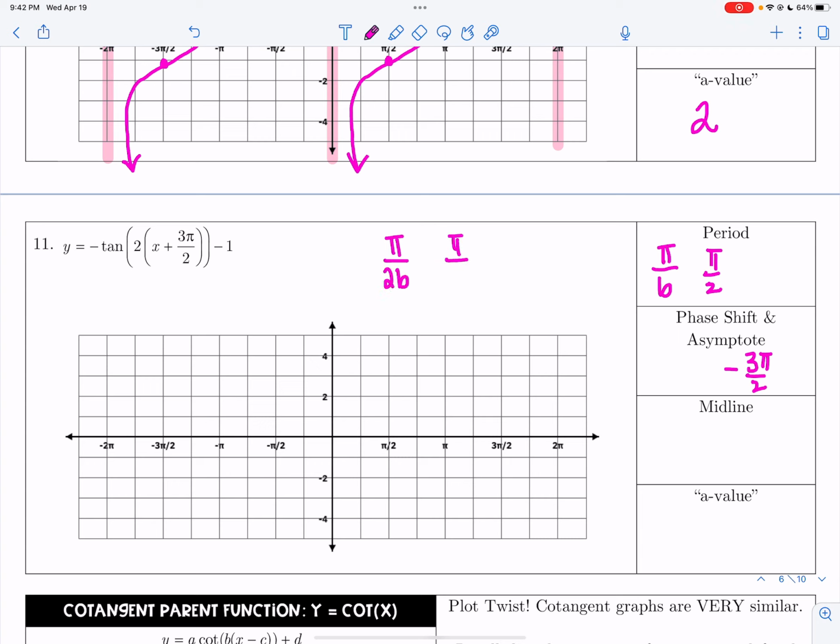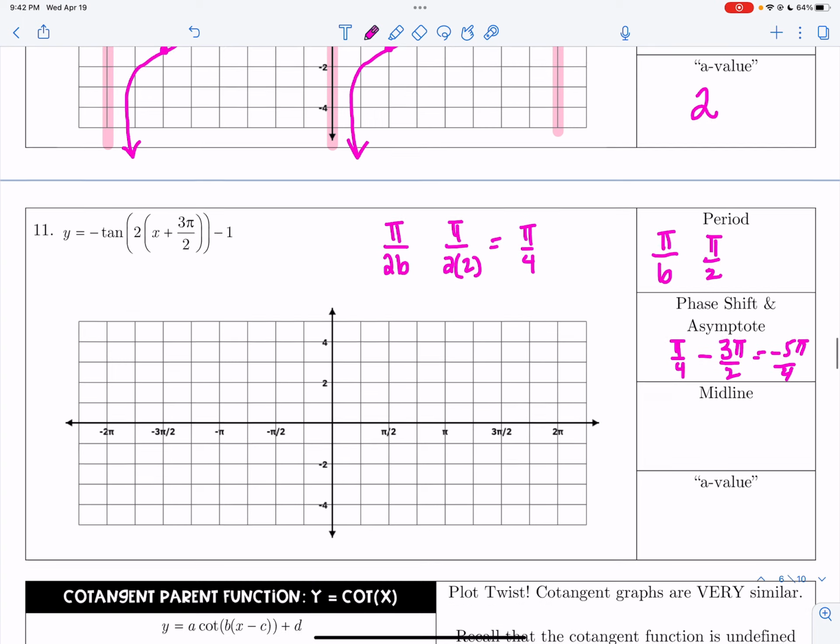So pi over 2, and then my b value being 2, which is pi over 4. All right, I have pi over 4, and then I'm going to subtract that by 3 pi over 2, which means that I have 6 pi over 4, which is -5 pi over 4.